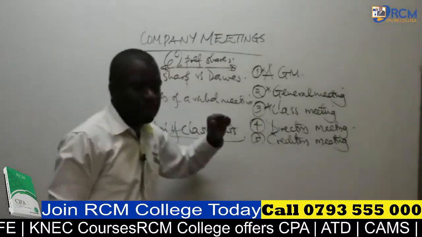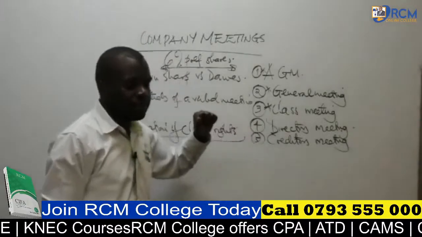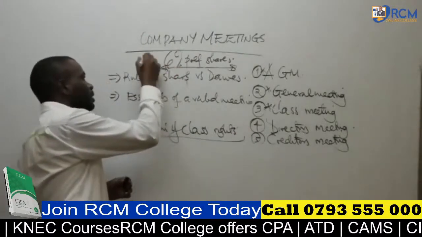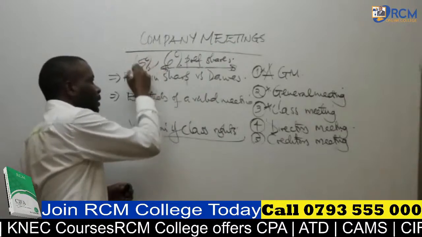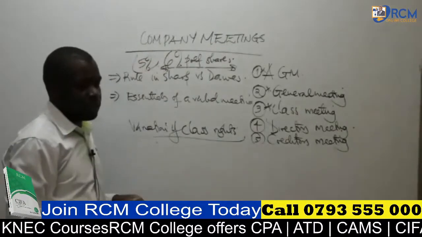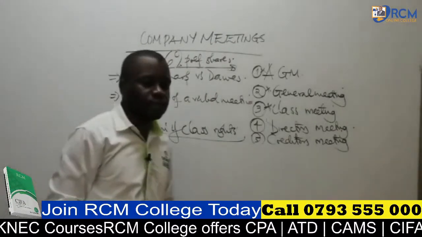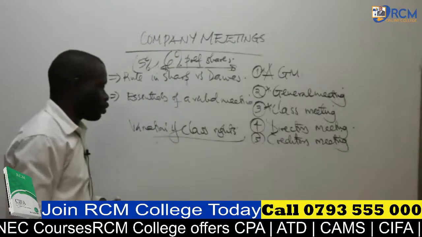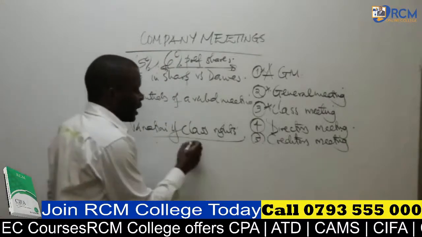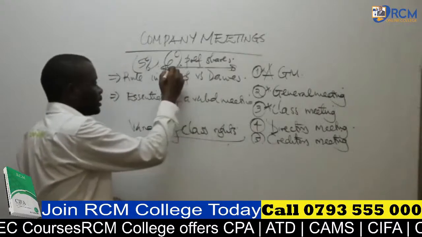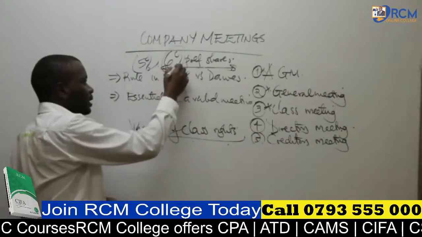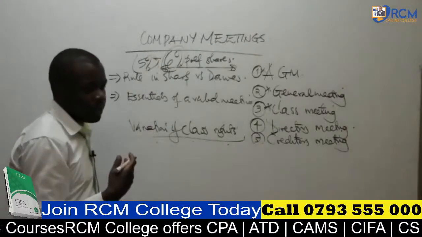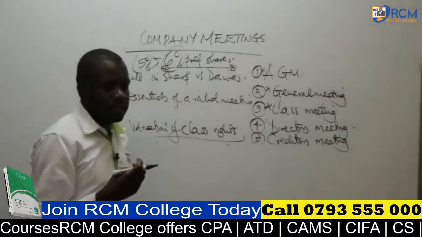If the company wants to vary these rights, let's say from 6% to 5%, they cannot just do it without consulting the members of this class of shares. So there will be a procedure to be followed to vary the class rights, from getting dividends at 6% to 5%. That's an example of variation of class rights.